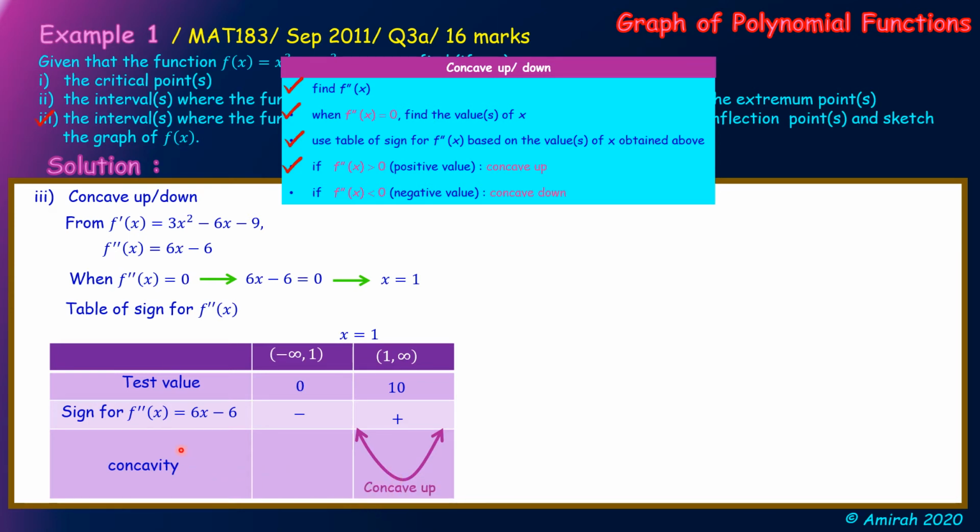And then when f double prime x equals a negative value here, it means we have concave down. Concave down is just like a sad graph, and happens when f double prime has a negative value. So this is concave down, right?